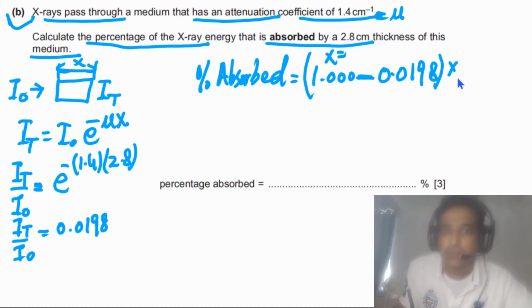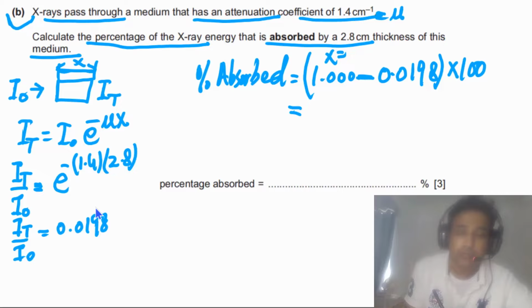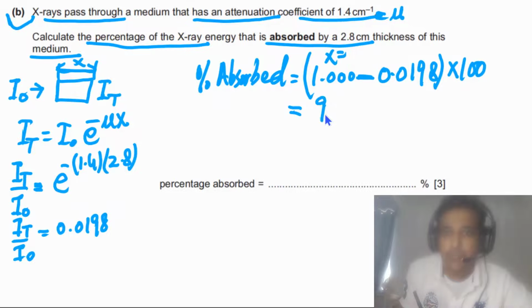We need to convert this into a percentage, so we multiply by 100. This fraction is transmitted, so how much has been absorbed? That is 1 minus this fraction. That's the reason we have written 1 minus the fraction of incident intensity that has been transmitted. Now if we multiply this by 100, we will get 98%. So this is our final answer.